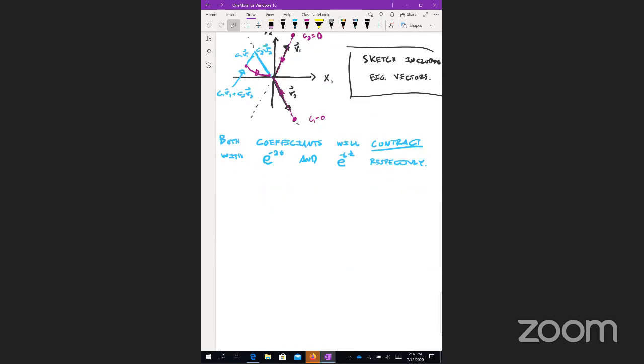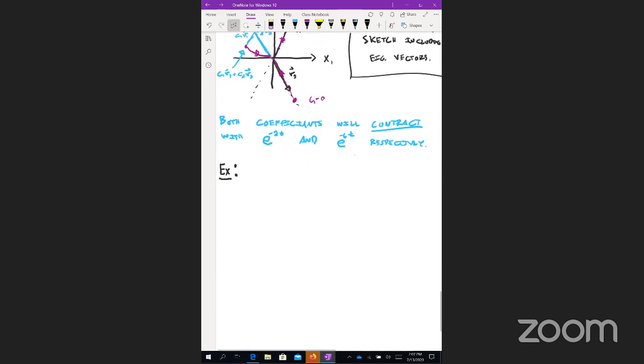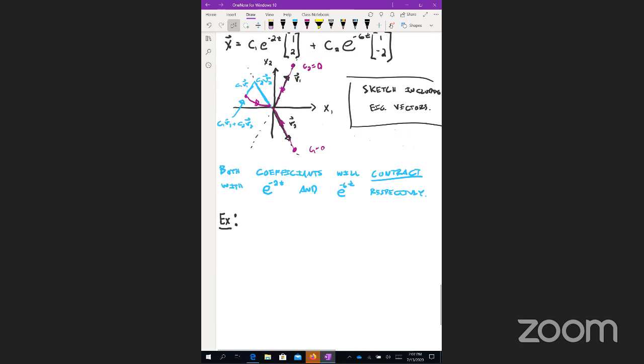Okay, so let's do another example. And for those of you for whom this is old hat, I would say again, race me. Let me see what this is called.